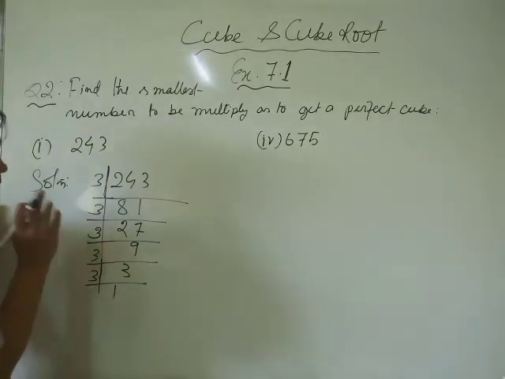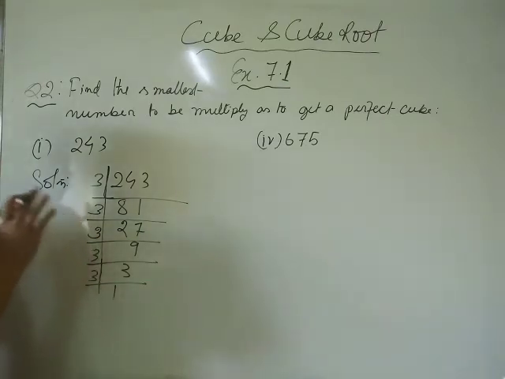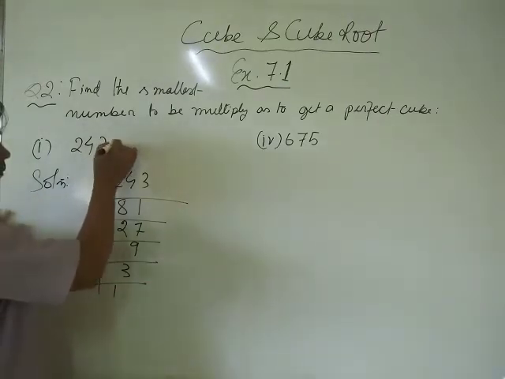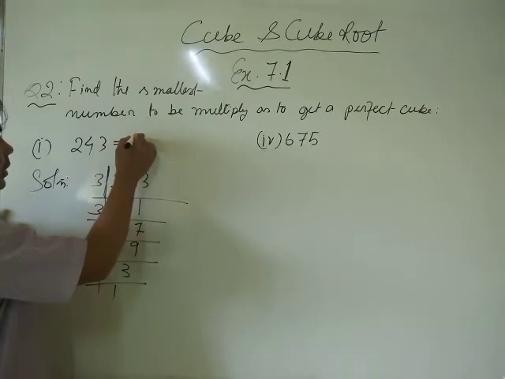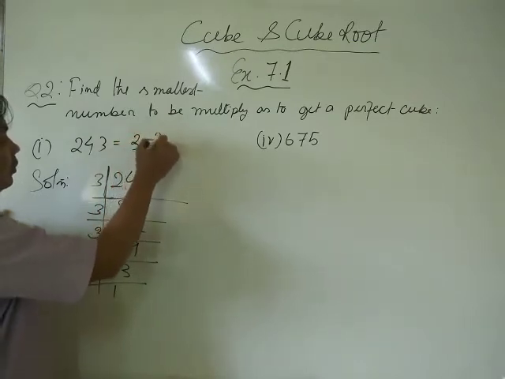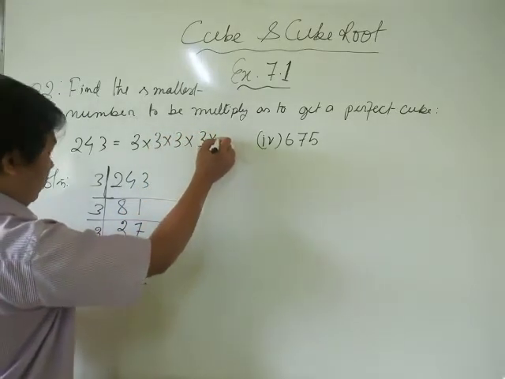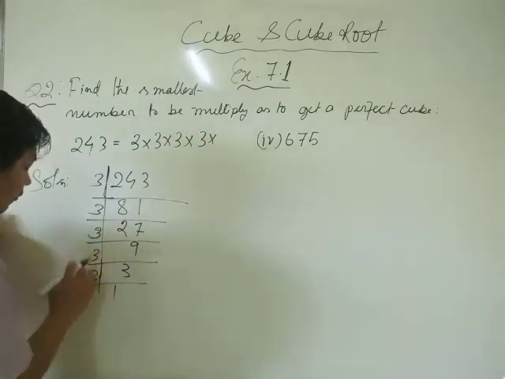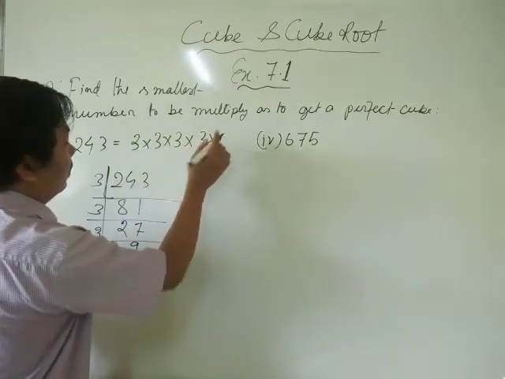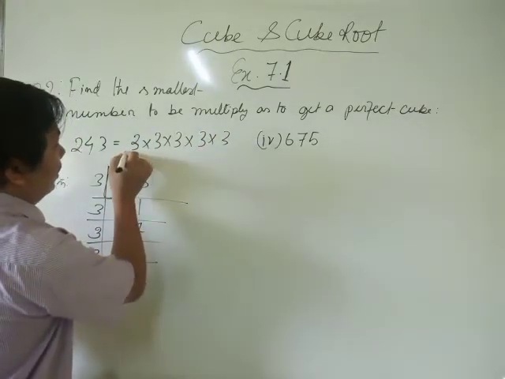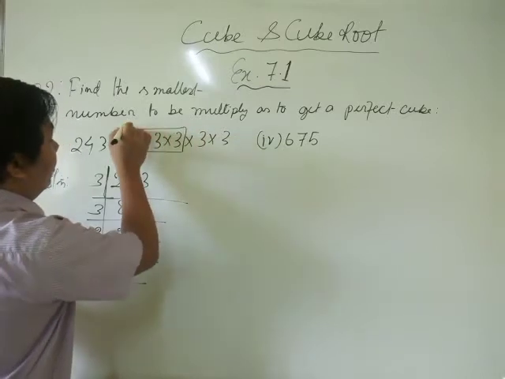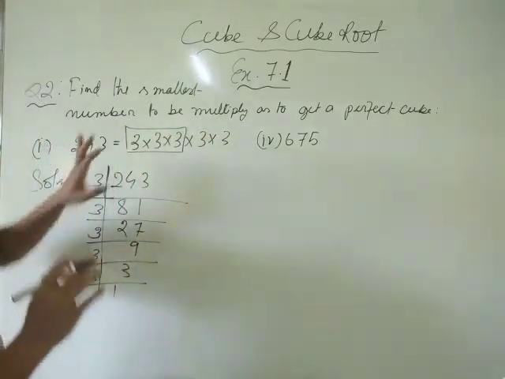So let us see whether these prime factors can be grouped in threes or not. This can be written as 3 into 3 into 3 into 3 into 3, five threes. Now you see these 3's can be grouped, three numbers only we have to group.